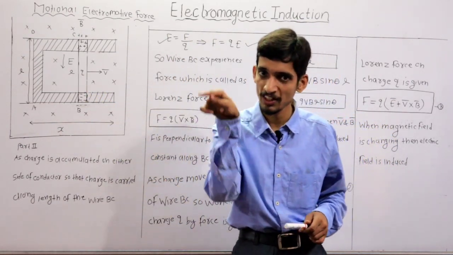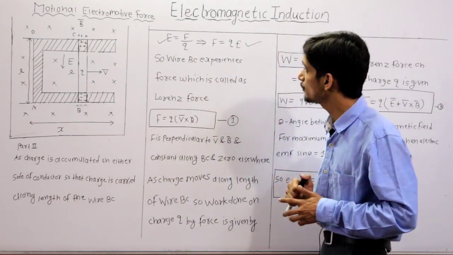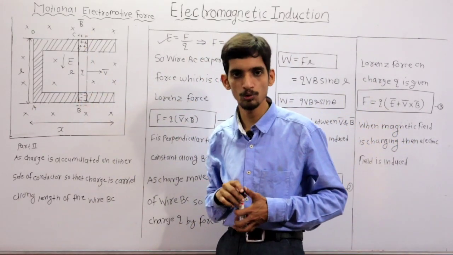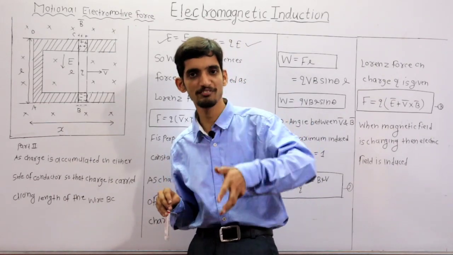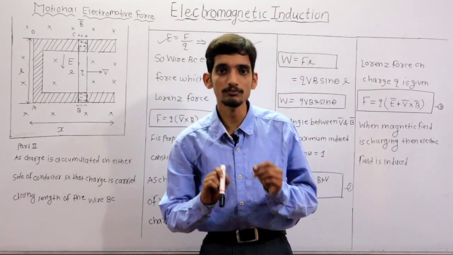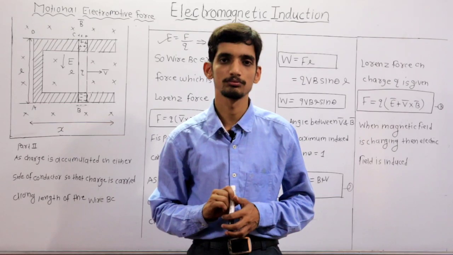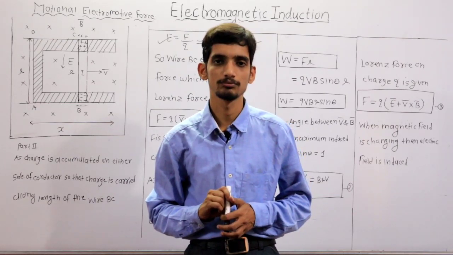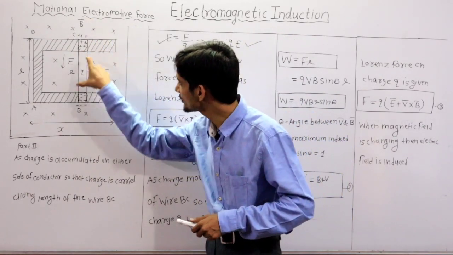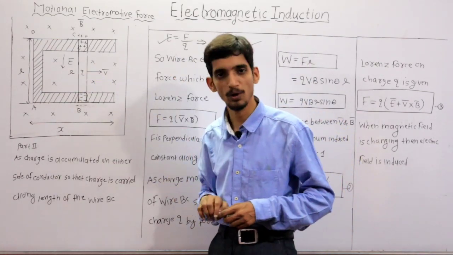So there is a presence of electric field, and there is a presence of magnetic field also. Definitely this particular wire experiences a force as this wire is placed in a magnetic field, and the charge is present on this wire.